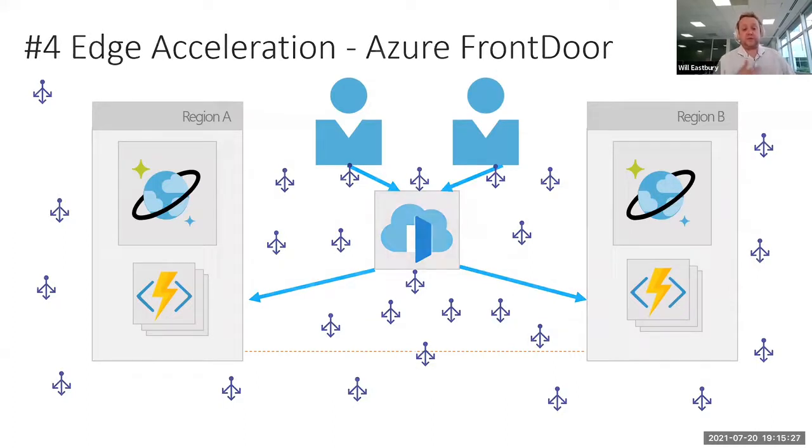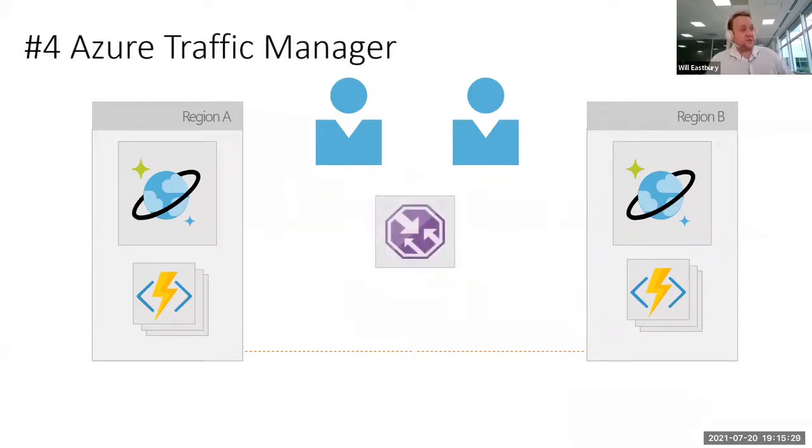Okay, so we have another kind of network service that you can use, which is if your services are not web-based. So although I think Front Door is amazing, it won't do acceleration or routing for anything which isn't HTTP based. So if you choose to use Traffic Manager to route, you have more flexibility in the different types of traffic routing options.